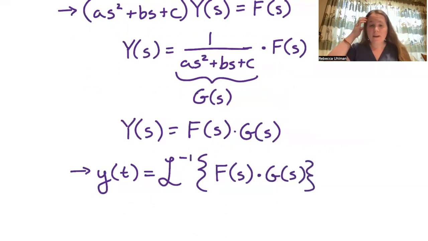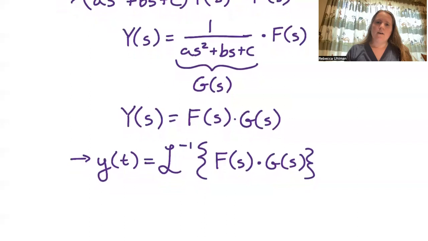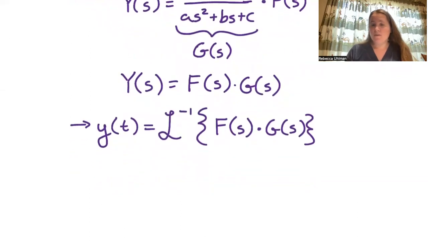So what we wind up getting is that, using the inverse Laplace transform of a product, we can find the formula for y of t no matter what our function f of t is.